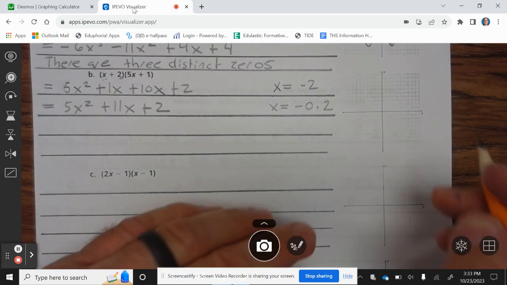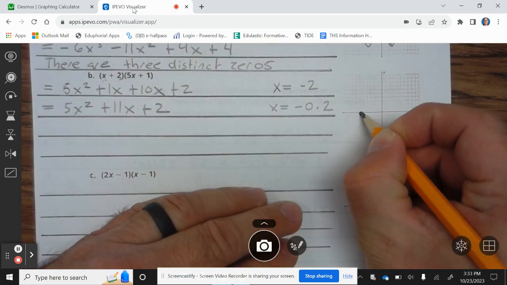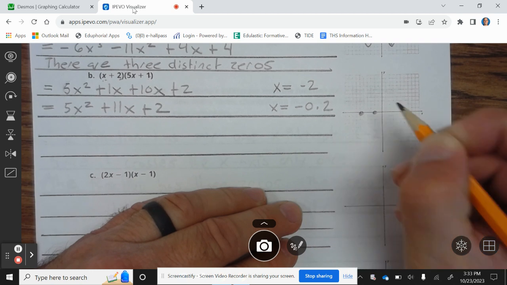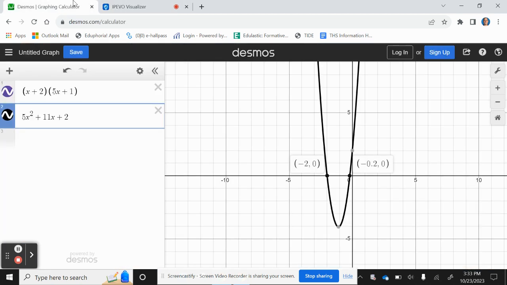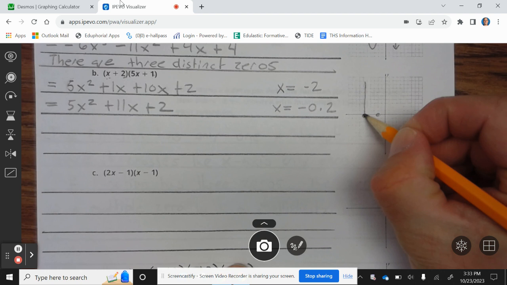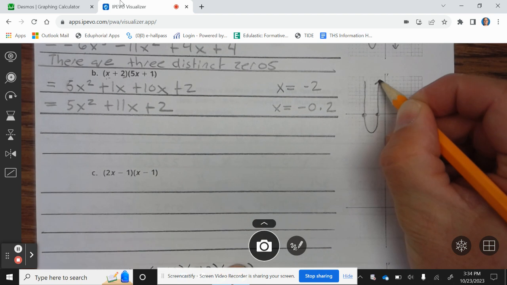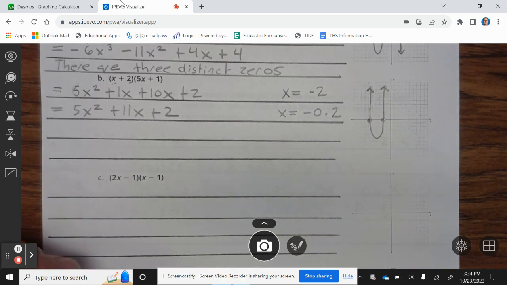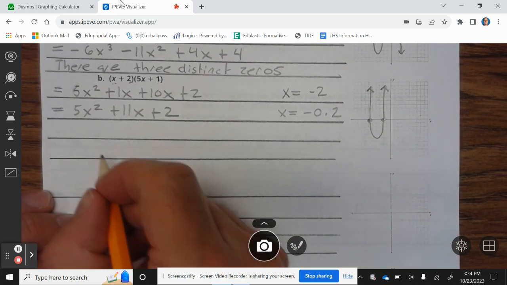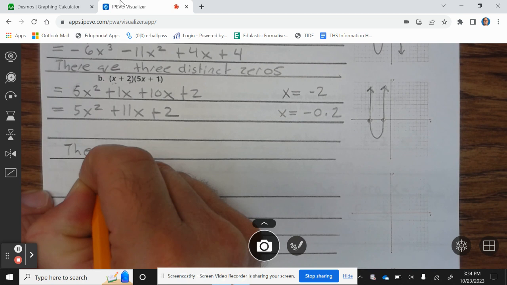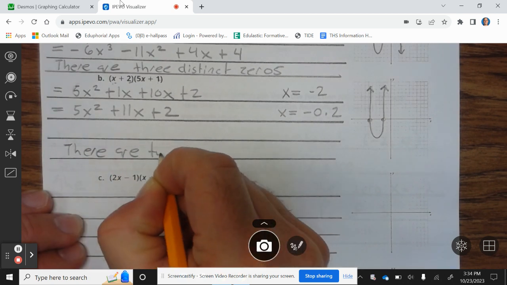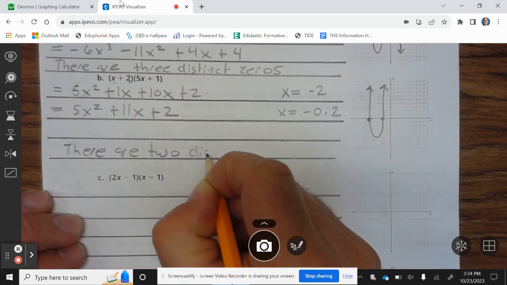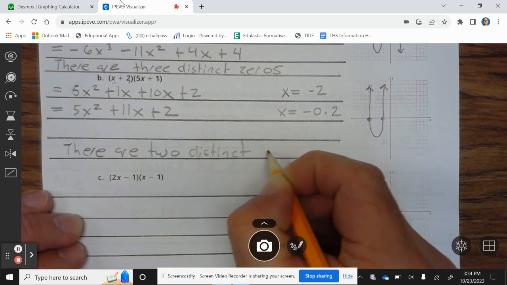So to sketch a graph, let's put negative 2 here, negative 0.2 here, and then double check our graph so we know it goes like this. Okay, and we can say there are 2 distinct zeros.